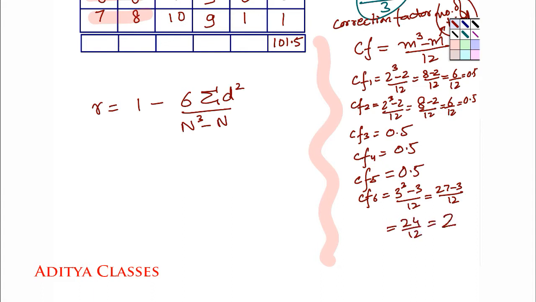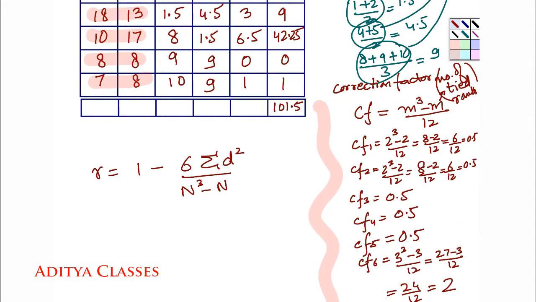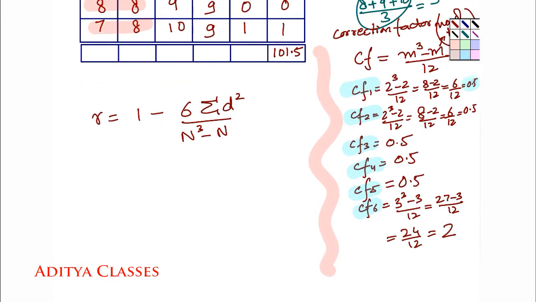So now that we have all correction factors, how many of those? We have 1, 2, 3, 4, 5 and 6. And what are their respective values? It is 0.5, 0.5. So let me add them.